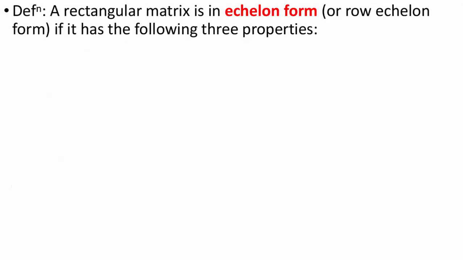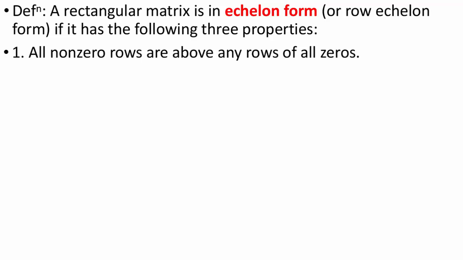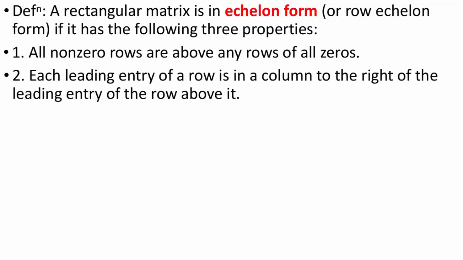A rectangular matrix is in echelon form or row echelon form if it has the following three properties. First, all non-zero rows are above any rows of all zeros. That means the row containing all zeros is at the bottom of the matrix. Second, each leading entry of a row is in a column to the right of the leading entry of the row above it.